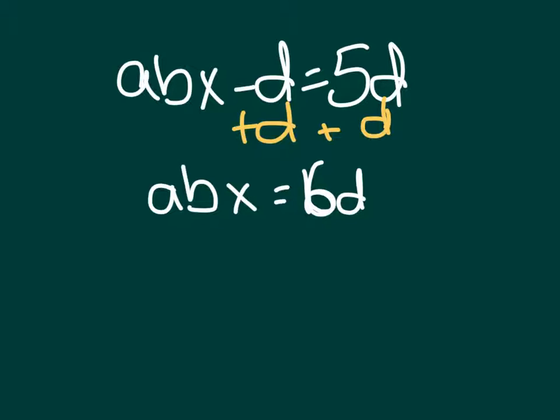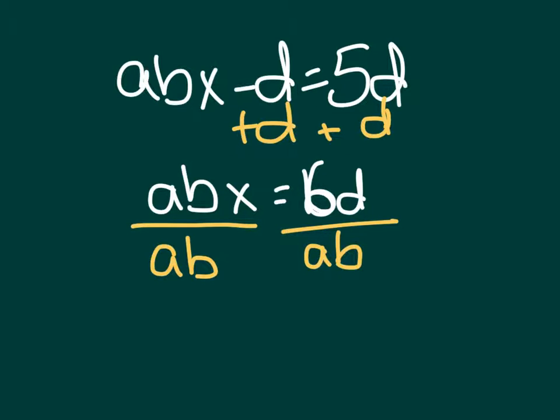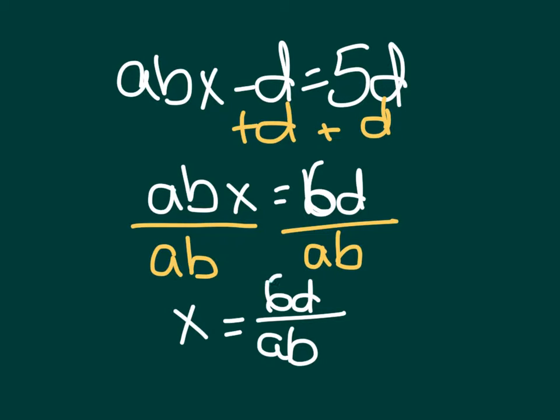So the trick here is that you can go ahead and divide by a and b at the same time. And if you do it to one side, you do it to the other side. So x equals 6d over ab. And that's how you work with literal equations.